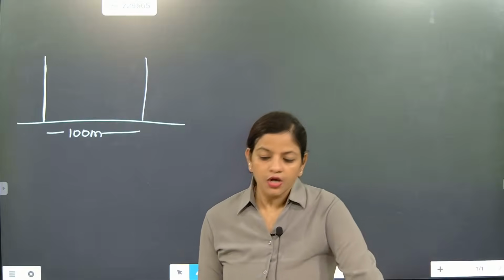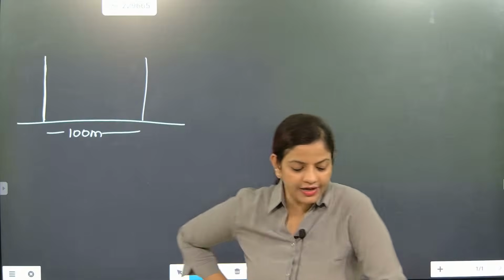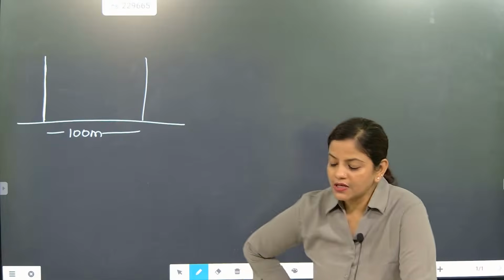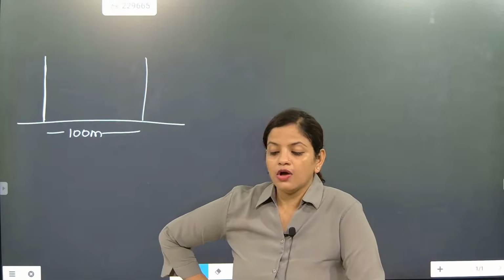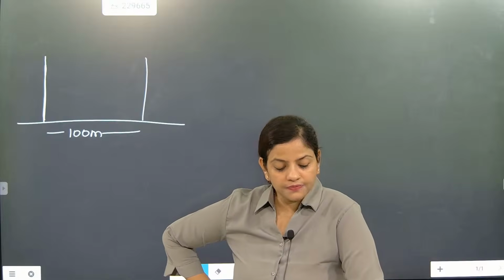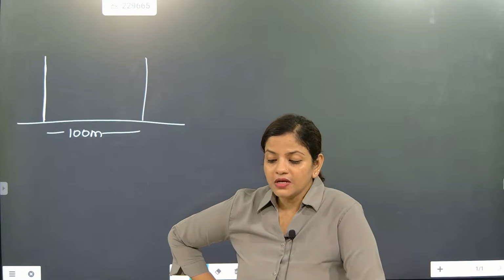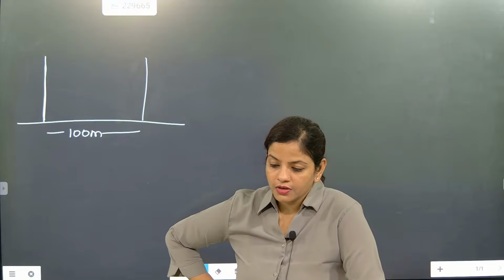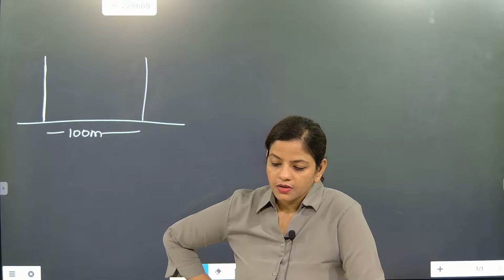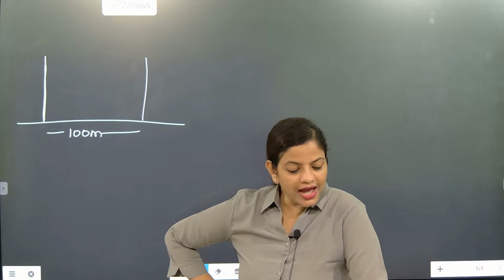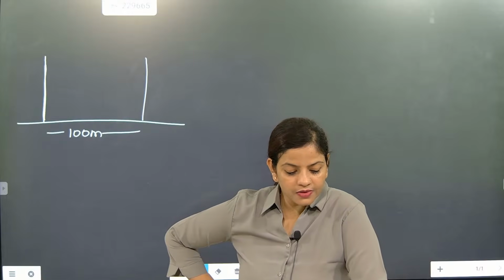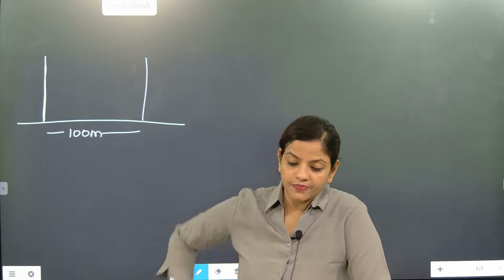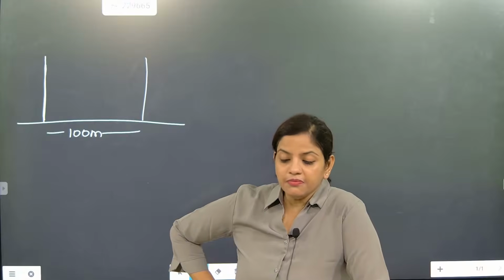Two pillars of equal height on either side of road, which is 100-meter wide.